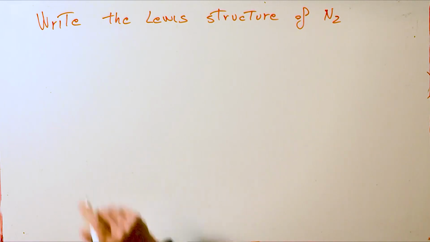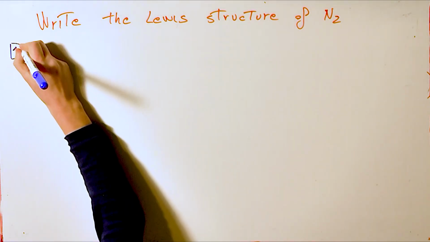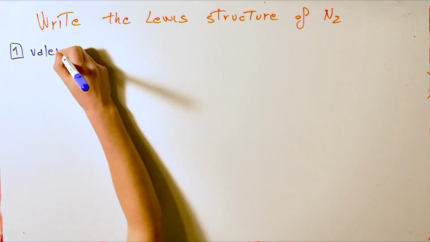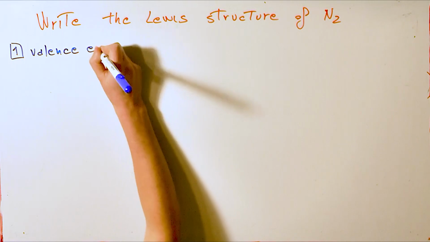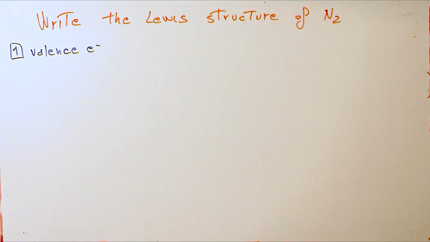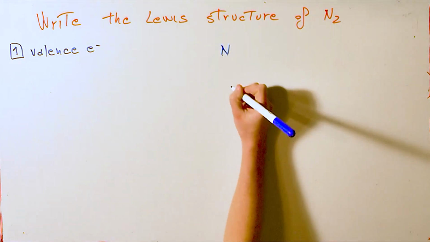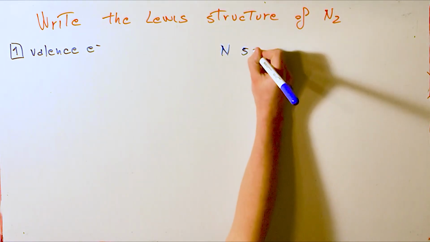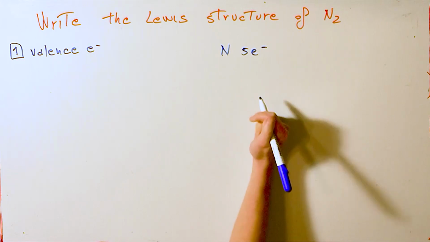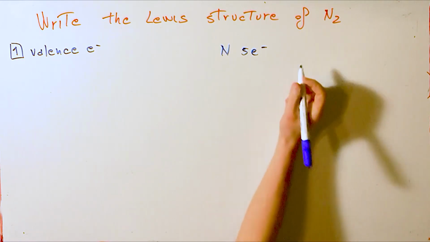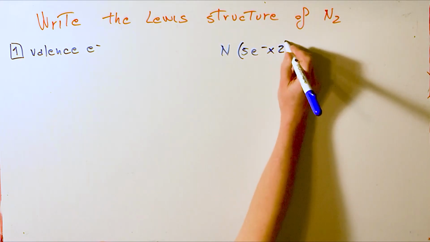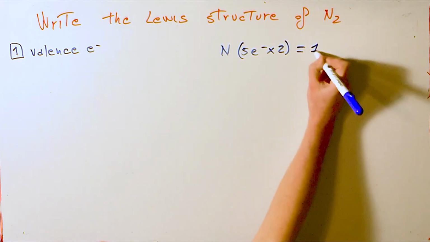First rule was to count the valence electrons of the molecule. So let's follow the first rule. Now the nitrogen has 5 electrons as valence electrons, but since we have 2 nitrogen, we have to multiply this by 2 and the result will be 10.